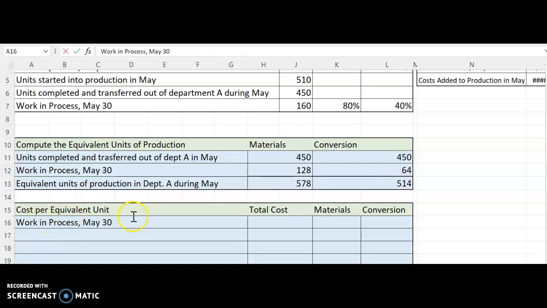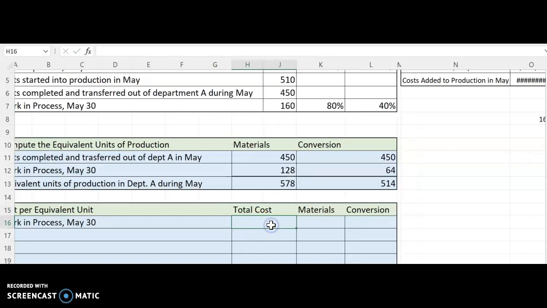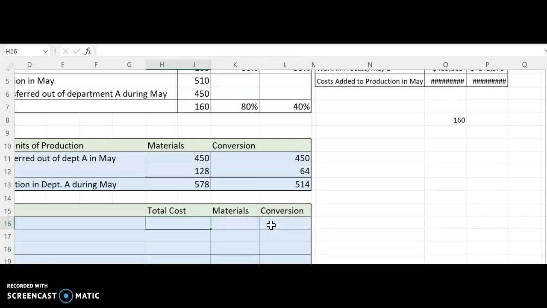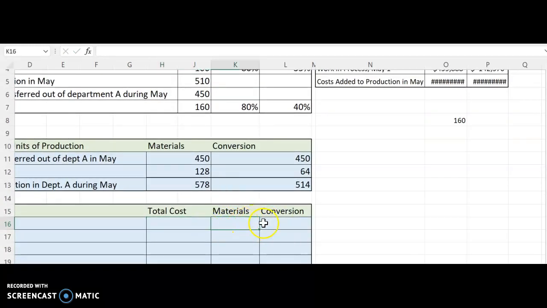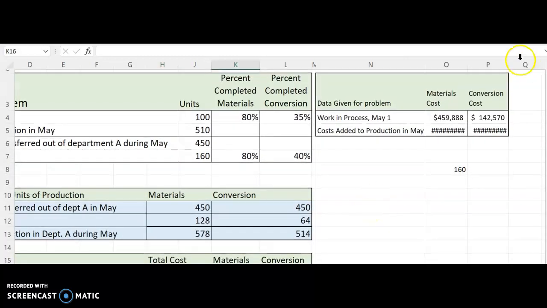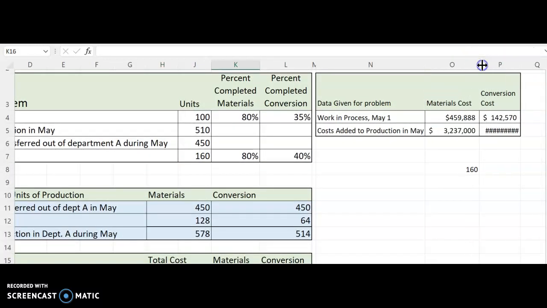So we're going to start with the work in process for May 30th. And we're just going to pull the number. We're going to look under material. So we're going to pull that number from over here. And this is all going to be dollar amounts.